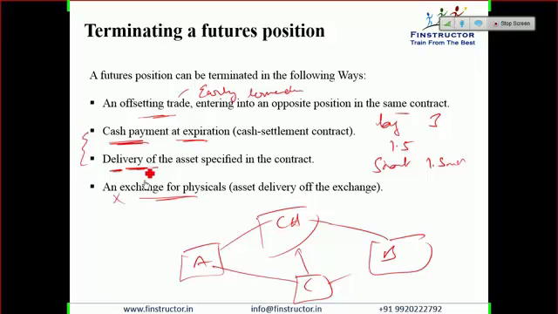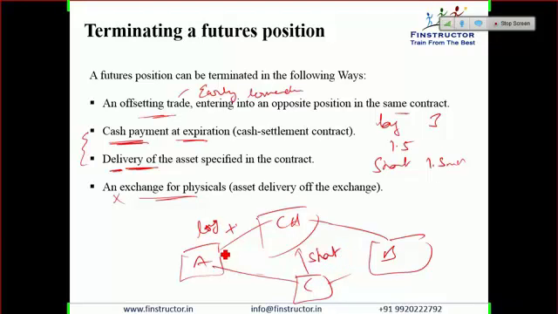It's the same as delivery, but delivery doesn't happen with the clearinghouse. It happens with another counterparty who has the opposite position, and both of them then inform the exchange that yes, the delivery has happened, so you can cancel this contract. So for instance, let's say A was long and there was another counterparty C that was short.